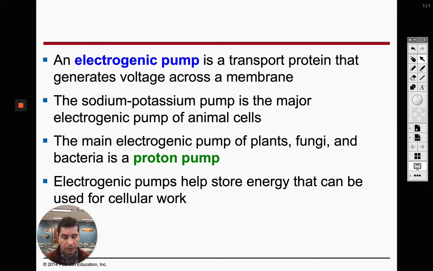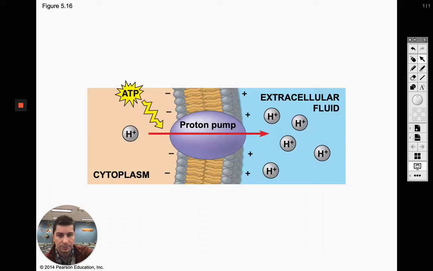Bacteria has them, archaea has them, and the eukarya, which is us. So given that, since all three domains have proton pumps, this tells us that go back far enough, all three of our domains probably had a common ancestor since we have the same exact proton pumps in our bodies.